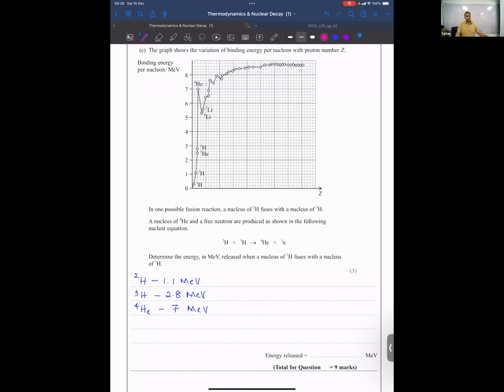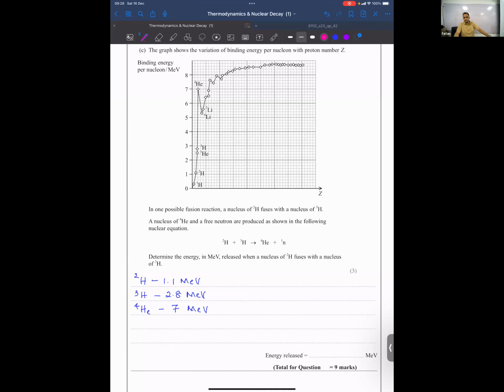From that 5 nucleons, 4 nucleons combine together to form a helium nucleus. Now listen carefully. To disintegrate the hydrogen 2 and hydrogen 3, you need to supply energy. Am I right? When helium 4 is formed, it releases energy.